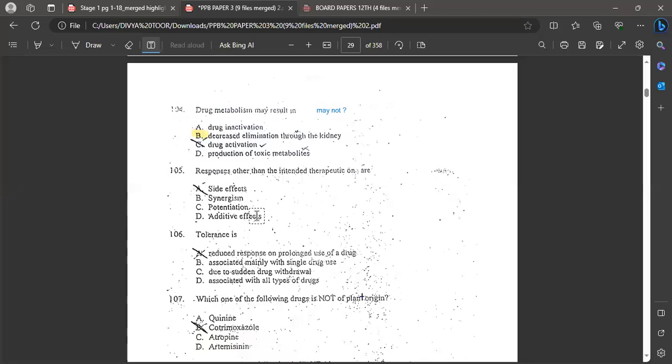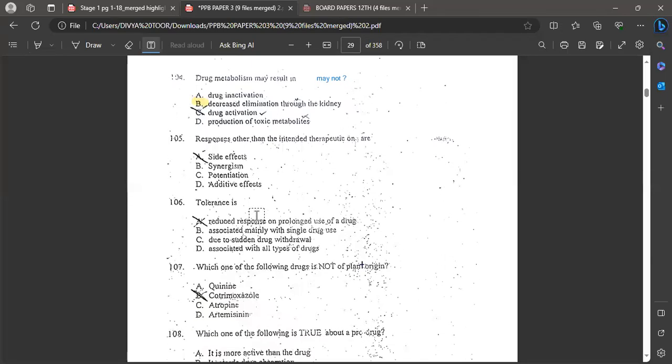Okay. Responses other than the intended therapeutic one are side effects, synergism, potentiation, additive effects.